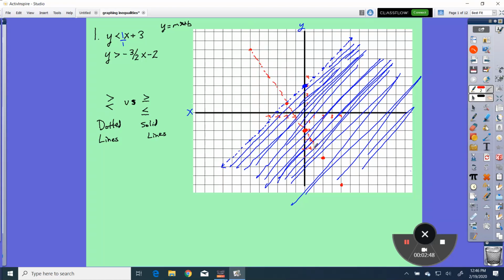They are not solid. Now this says greater than, so we're going to shade above. Now, as I said before, I try to keep your lines all going the same direction. So these lines are all going this direction.